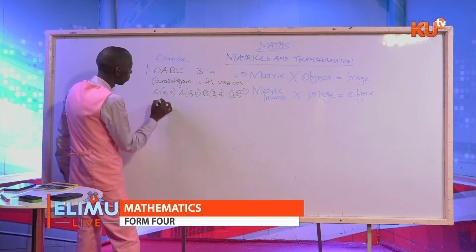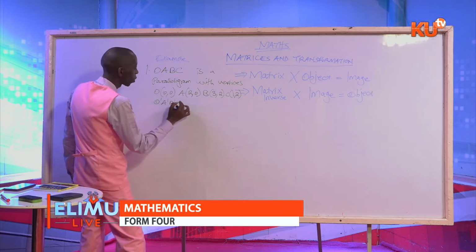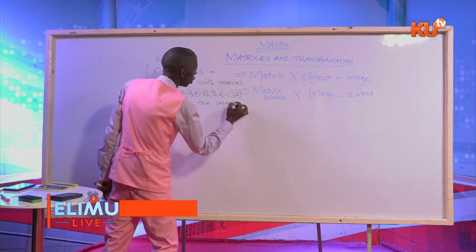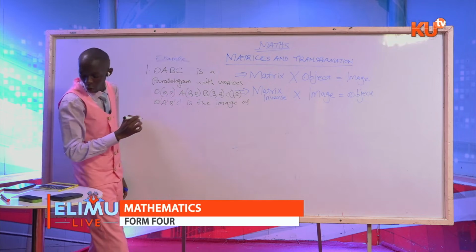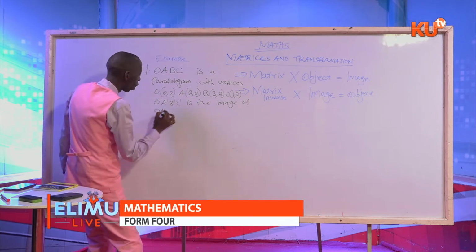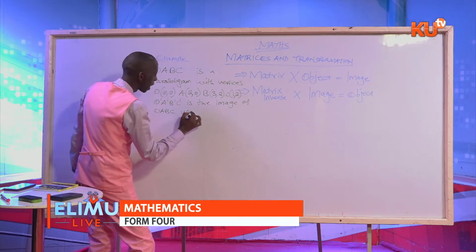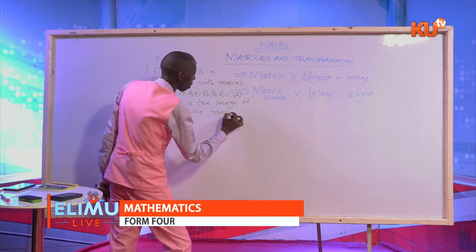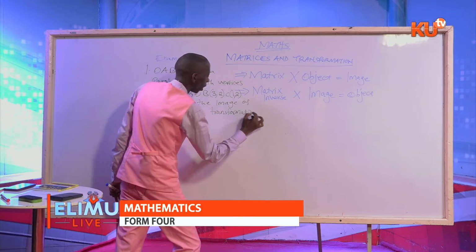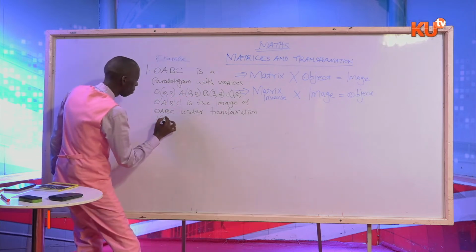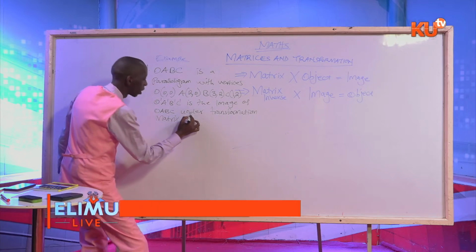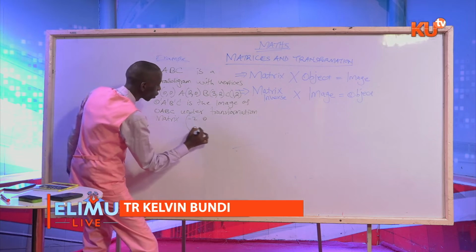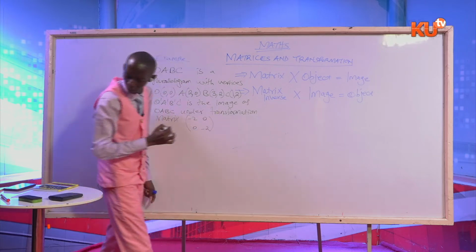O prime, A prime, B prime, C prime is the image of OABC under the transformation matrix, this is the matrix, -2 0 0 -2.